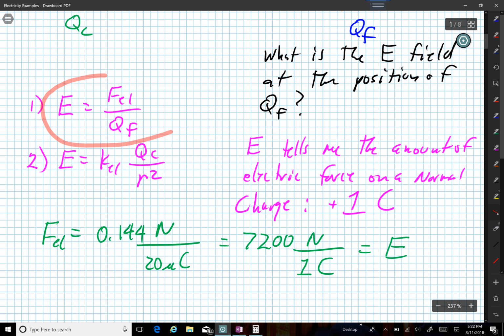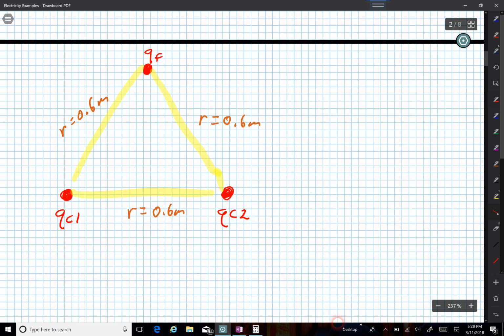In this question, I'm asking about the charge that's located at the top of the triangle. That's the charge I want to find the force on. And when I do that, I'm going to necessarily think of that charge as the field charge. So let's put some values in here.